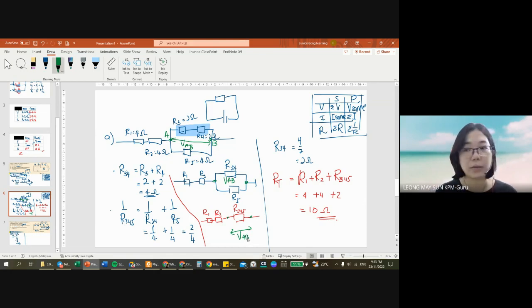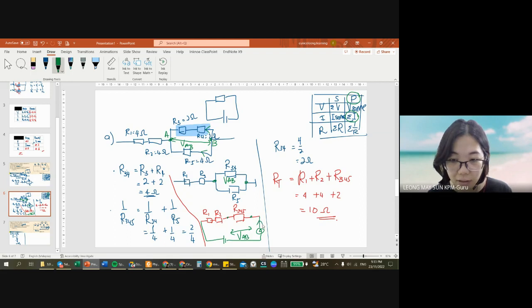Now, why did I do that? Because in a parallel circuit, the current is a summation. So if I want to find the potential difference across A and B, I would need to find the current that passed through the top and the current that passed through the bottom, which is very tedious. So that's why I combine resistors 3, 4, and 5 into one equivalent resistance, connected to the ammeter and the power supply.